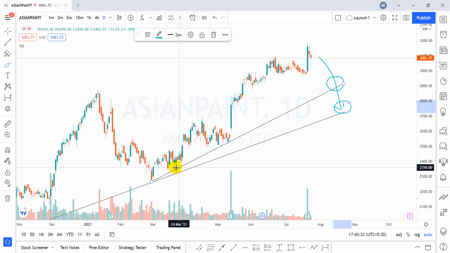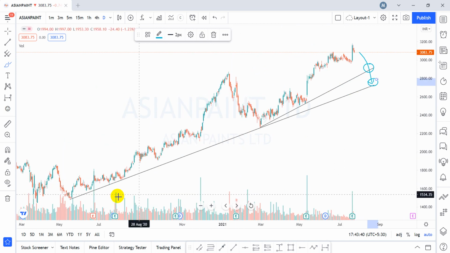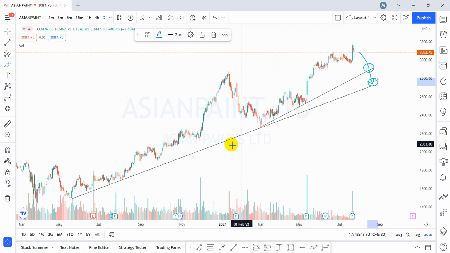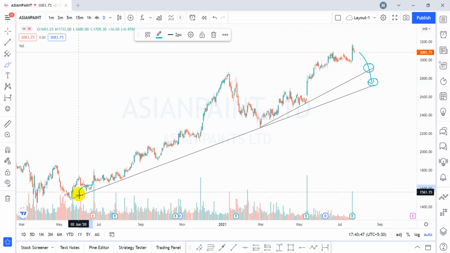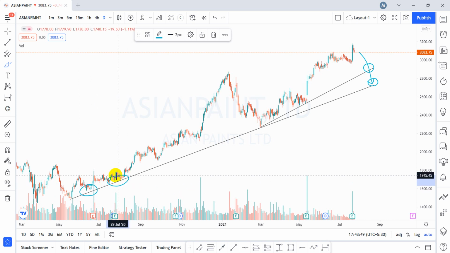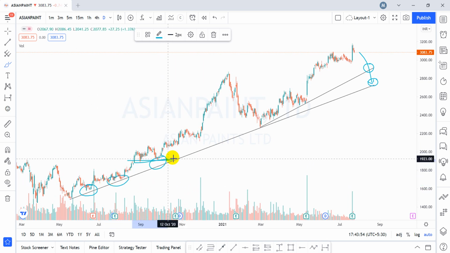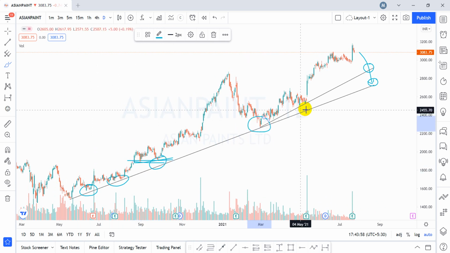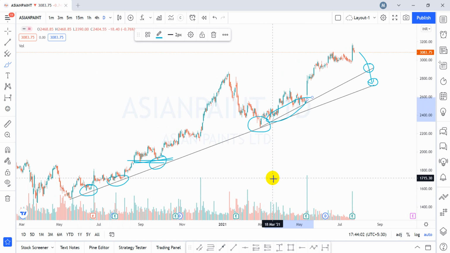Both look good because in recent time this smaller, shorter time frame trend line is also exhibiting good support. The stock is in a clear uptrend, and look at how many tremendous opportunities were given by Asian Paints, one, two, in fact even in this area, because this was a double bottom in an uptrend. This whole area was a good entry zone for Asian Paints.